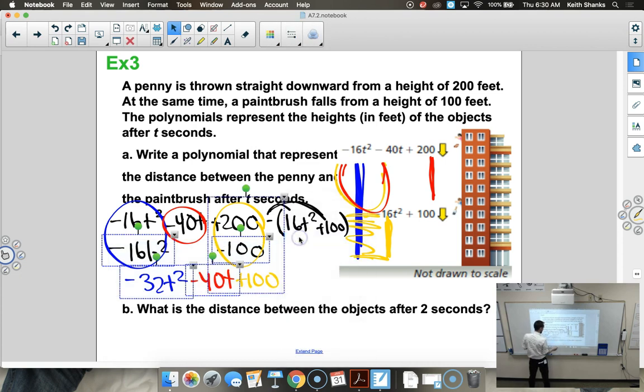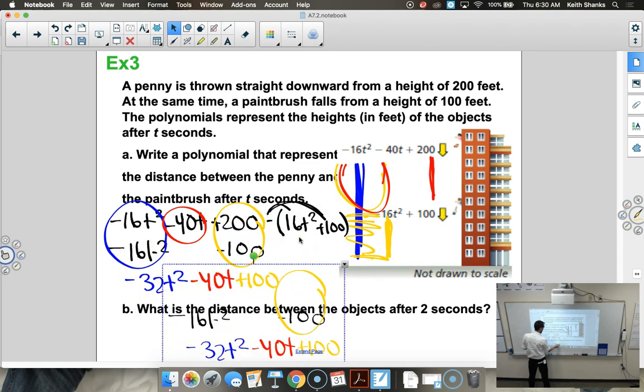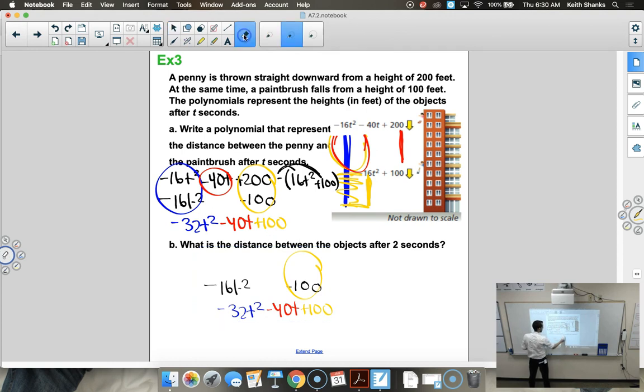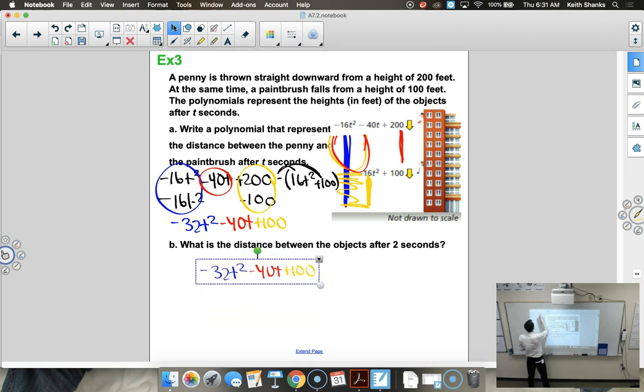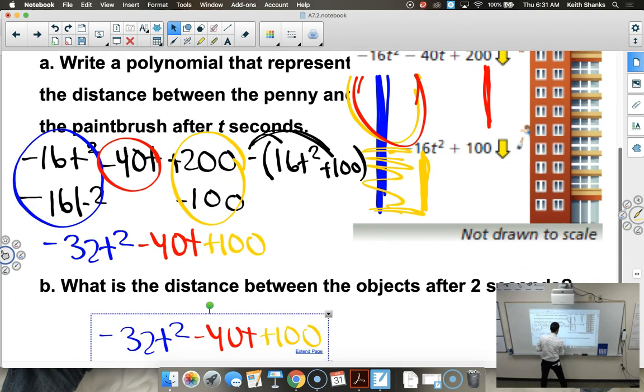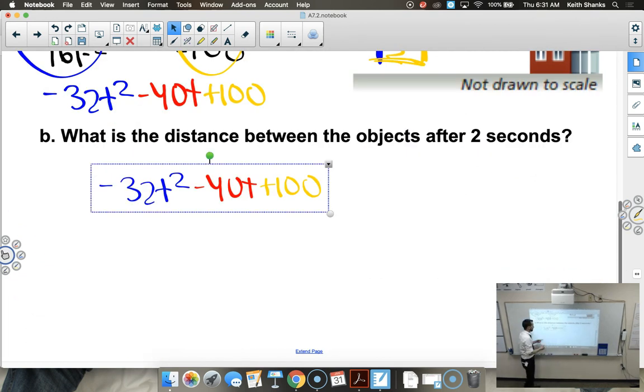We'll get rid of some of this stuff up top. Okay, so if I take this, we're going to zoom in here now that we have that. All right, plug in 2.